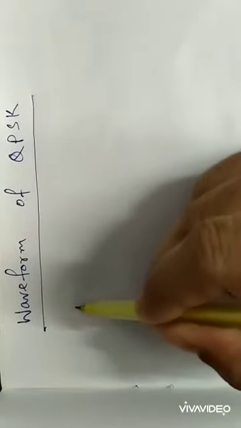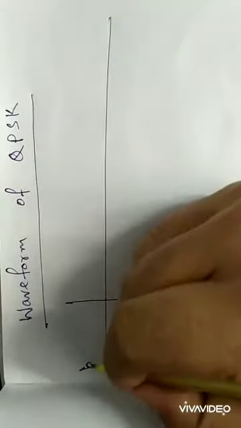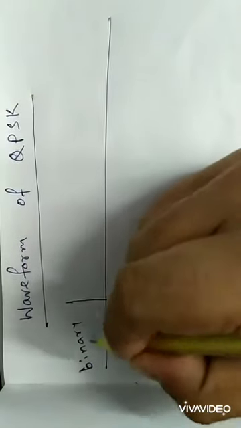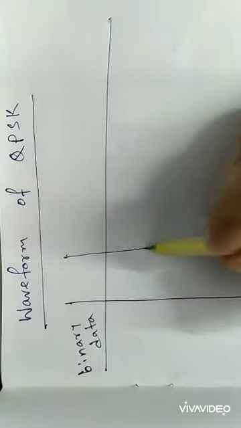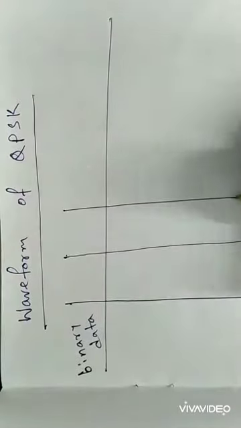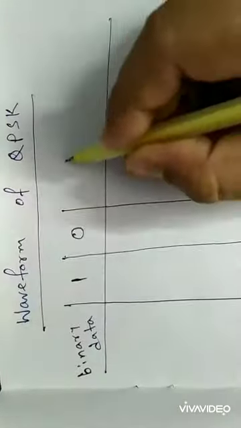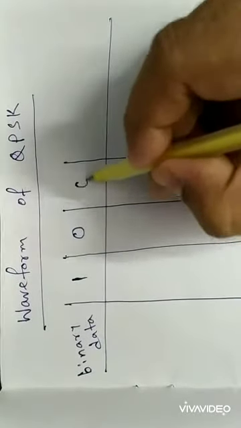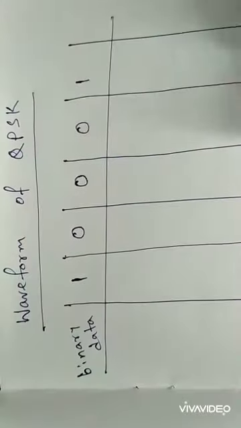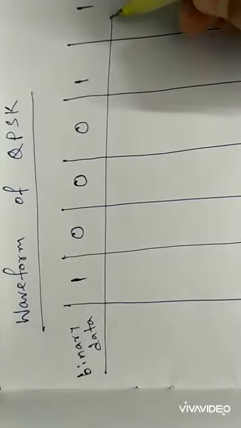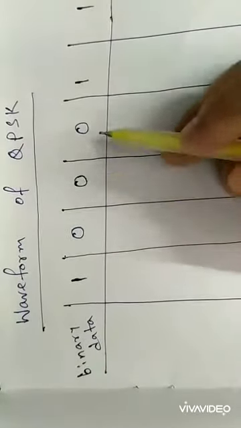Suppose the binary data is 1 0 0 0 1 1. You can consider any kind of data.